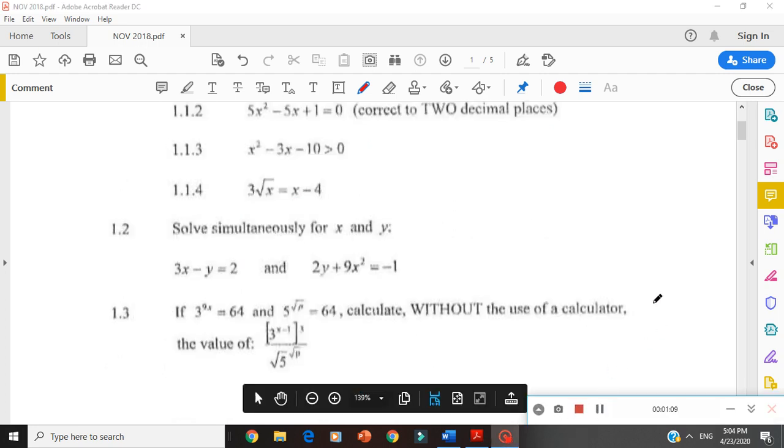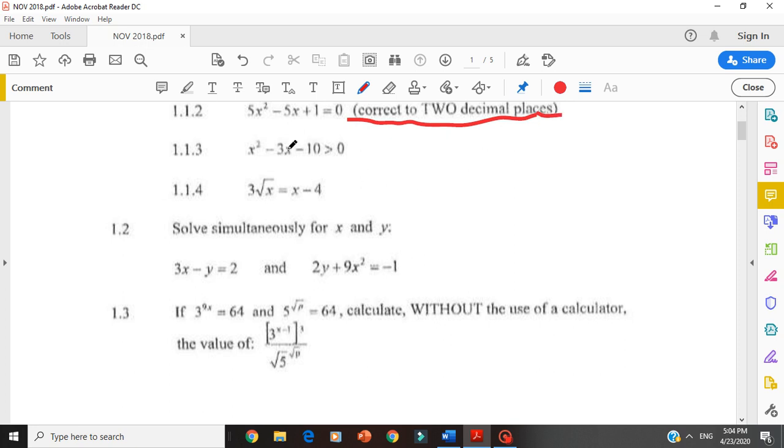Okay, moving on to the next question. We have question 1.1.2, and over here notice that it says correct to 2 decimal places. Earlier on in my previous videos, I told you that whenever you're dealing with 2 decimal places you should use the quadratic formula. In this case, a equals 5, b equals minus 5, and c equals positive 1.